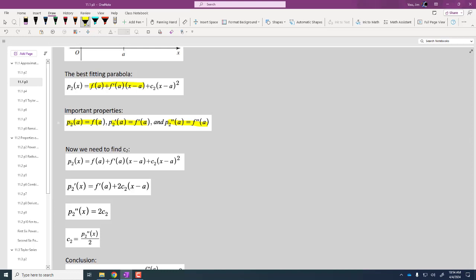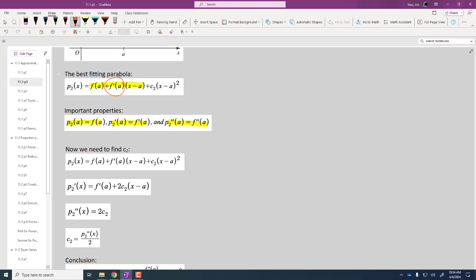So we're taking our p sub 2 right here, and our goal is, well, how do we find the c sub 2? If we know c sub 2, then we know the form of the quadratic approximation. Just like, right there, we know the form of the linear approximation. Right? We know that this coefficient right here in front of the x minus a, we know that that's f prime of a.